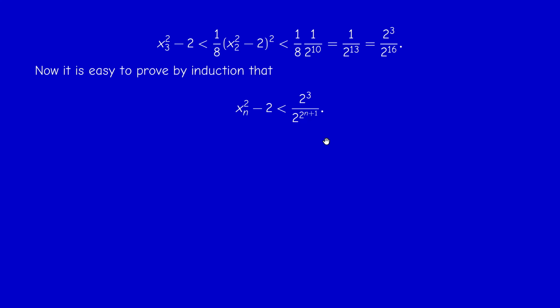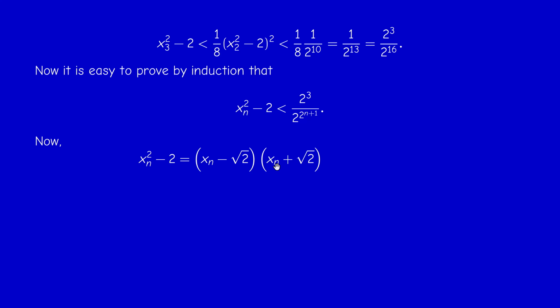Of course we verified this for n equals 0, 1, 2, so you can use induction to prove that. Now, I need to estimate x_n minus radical 2, but this follows from this actually, because I can factor x_n squared minus 2 as x_n minus radical 2 times x_n plus radical 2.